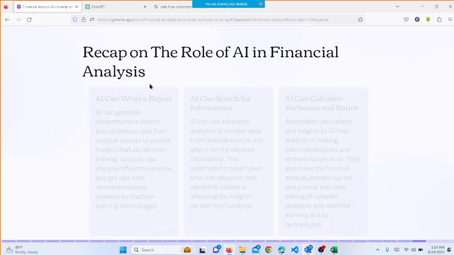Okay, so let's now recap. We have looked at financial statement analysis, we looked at the framework, and we looked at the four use cases of financial statements. The framework was to understand the objective, collect the data, then analyze the data, validate the results, and communicate it.